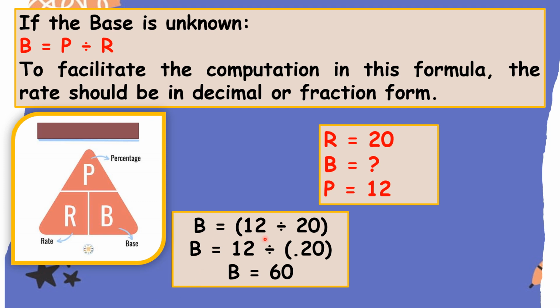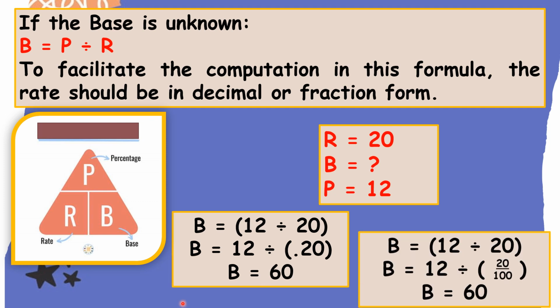So B equals 12 divided by 20 hundredths. Bakit naging 20 hundredths? Kasi ang 20 dito, kinonvert muna natin into decimal form. Ayan po. So, B is equal to 60.